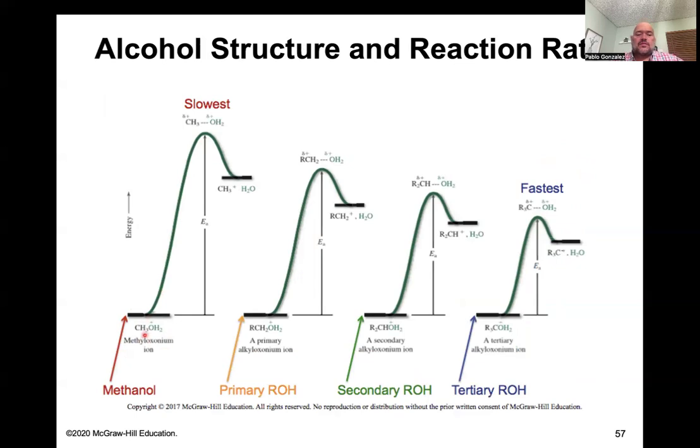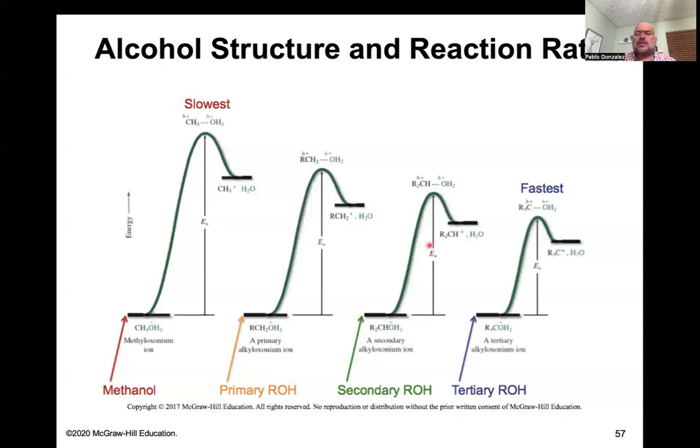Here we can see the methyl carbocation, and you can see the higher activation energy, which is going to make this pretty slow. The primary carbocation that comes from this alcohol is going to create a species that is a little bit more stable than this one, and that's why the activation energy is lower. So this one is going to be faster than the methyl carbocation.